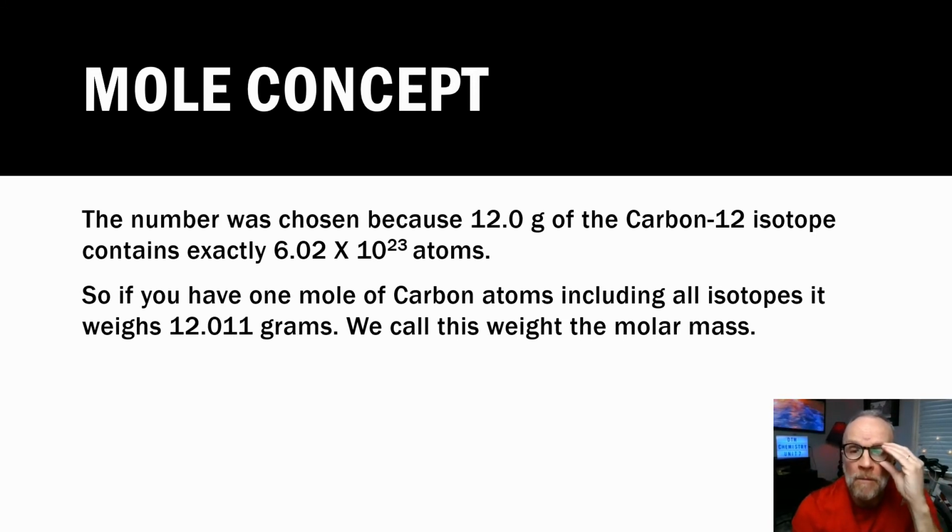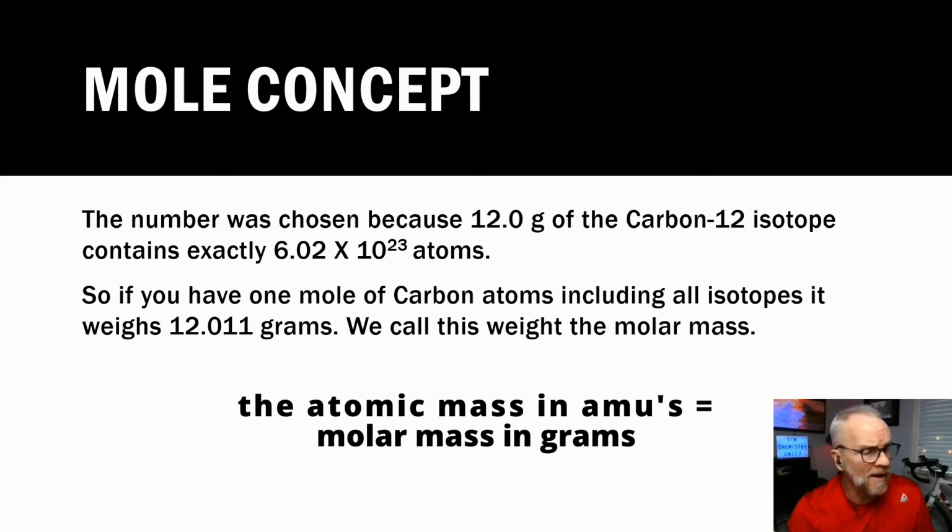And you can find the molar mass on the periodic table. We've already talked about that when we talked about isotopes and how we calculate the molar mass from the weighted average of all the isotopes of the element. So if you look on the periodic table at carbon, carbon is atomic number 6 on the periodic table. It has 6 protons and 6 electrons in a neutral atom.